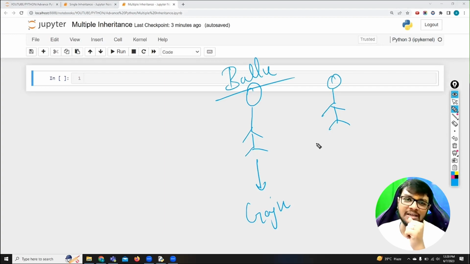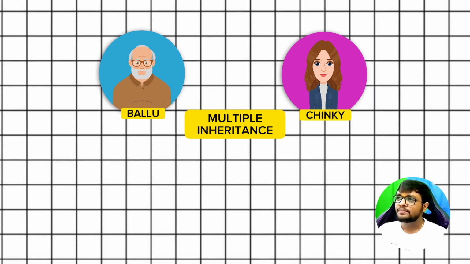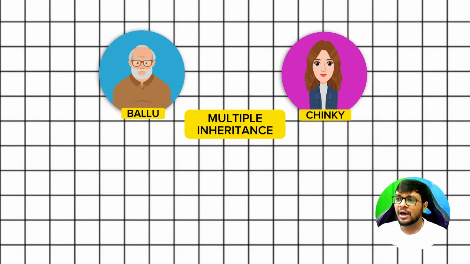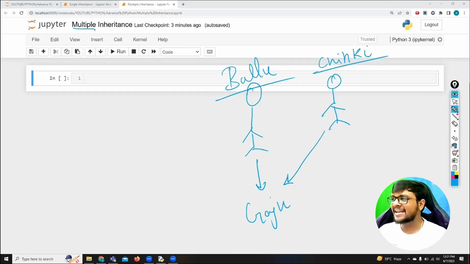Father, mother, you can have both. So basically you can have multiple parents, and that is called multiple inheritance. Multiple means more. In simple words, let's say there is Ballu and there is Chinky, and Gajodhar is the child of both of them. Exactly that we are going to see.